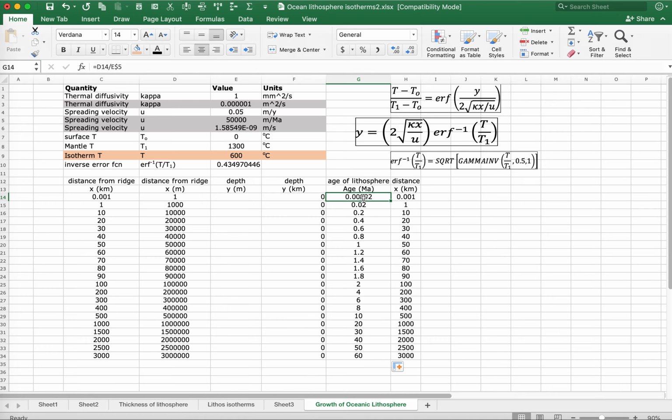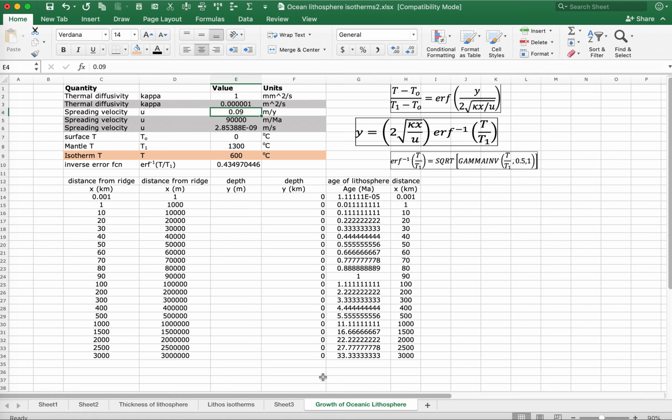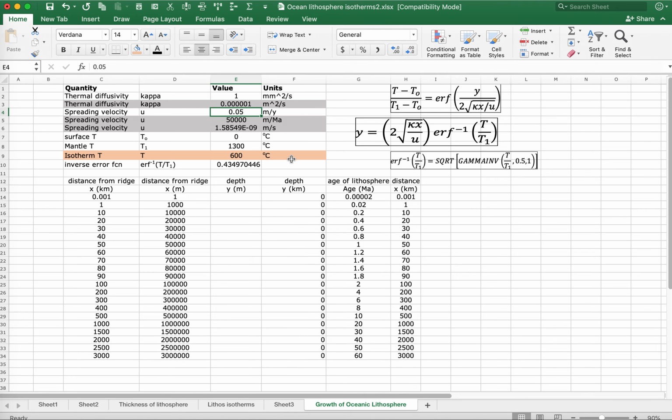So the age is going to be a function of distance, and for the spreading rate that we've given, at 3,000 kilometers from the ridge, we'll be at about 60 million years. If we make things a little bit faster, let's say 9 centimeters per year, then the age would be much younger, right? Almost 33 million years. So we'll go back to 5.